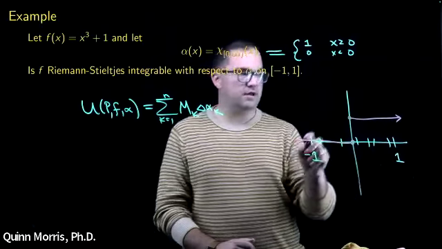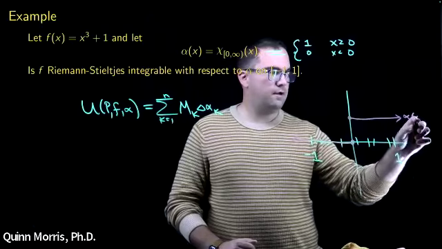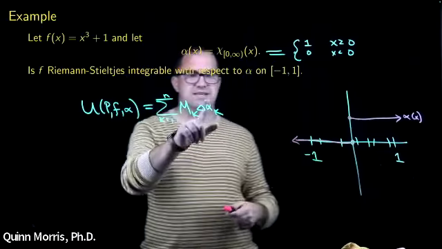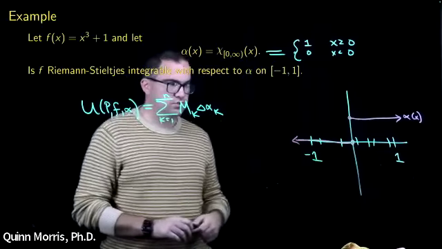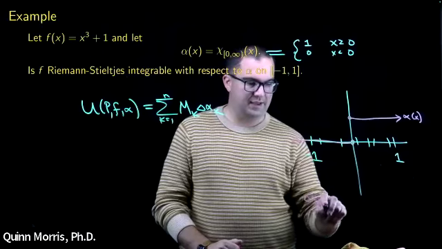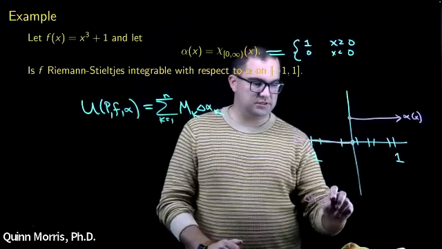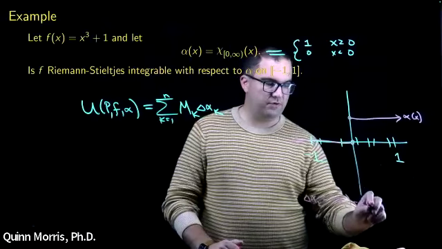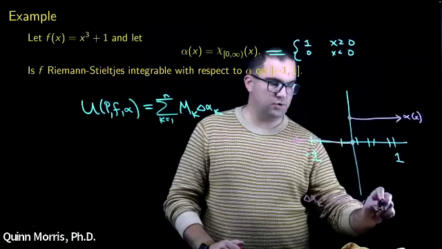Okay, so this is my function alpha of x. And I want to use this to think about what these delta alpha k's are. So remember, by definition, delta alpha k is just alpha of x sub k minus alpha of x sub k minus 1.